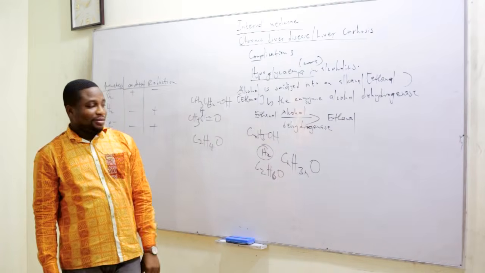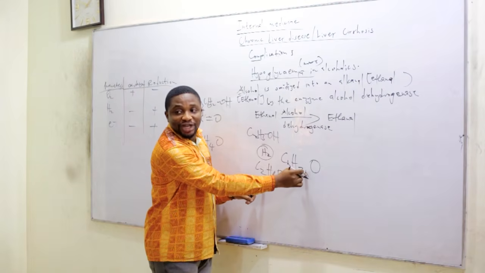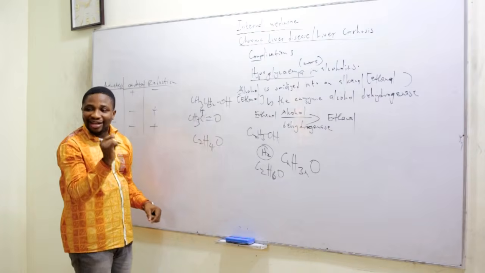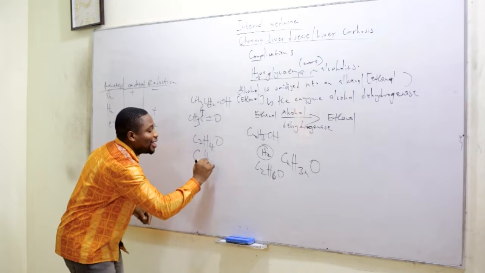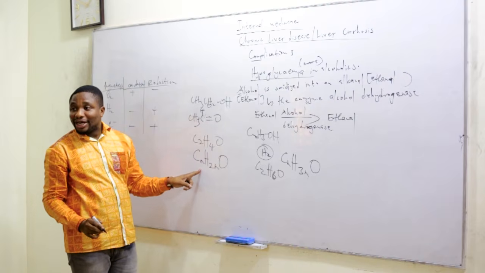Are you following? Because if n is equal to 2, 3 by 2 will give you 6. But if you come to alkanal, the formula will become CnH2nO. Are you getting that?